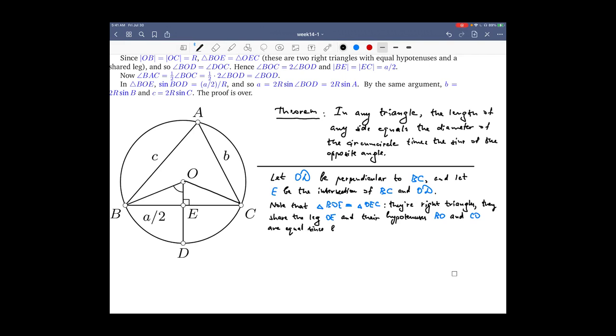Since both are the radii of the circumcircle. In particular, from here, it follows that point E is the middle of the side BC.